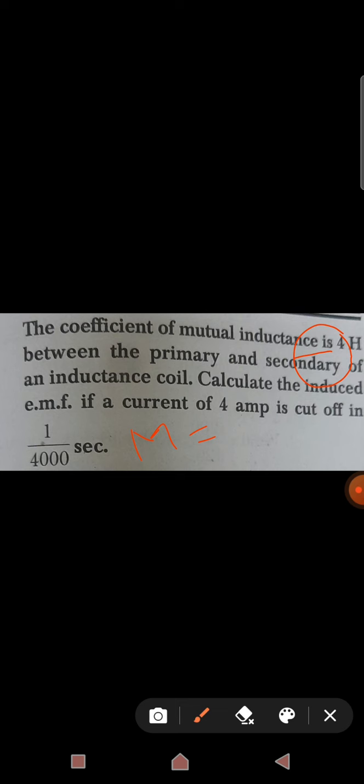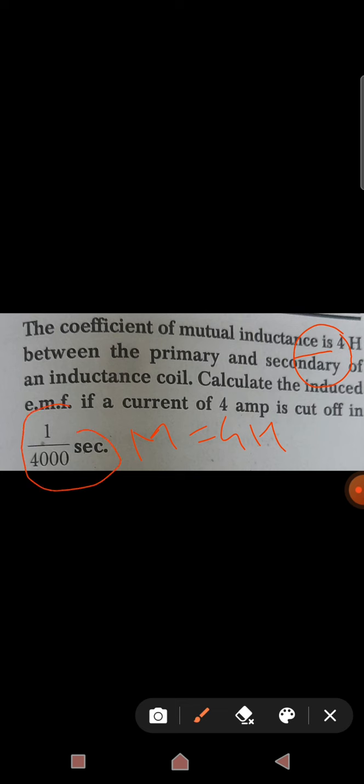The coefficient of mutual inductance, M, is given as 4 Henry, 4H, right? Between the primary and the secondary of an inductance coil, calculate the induced EMF if a current of 4 ampere is cut off in 1/4000 second.